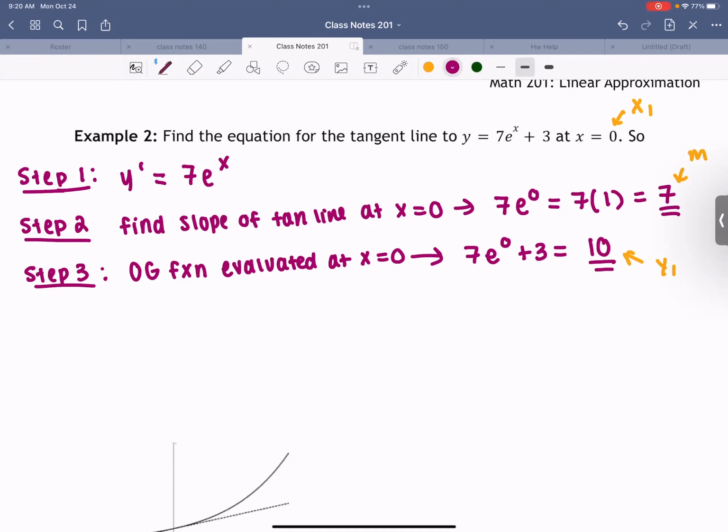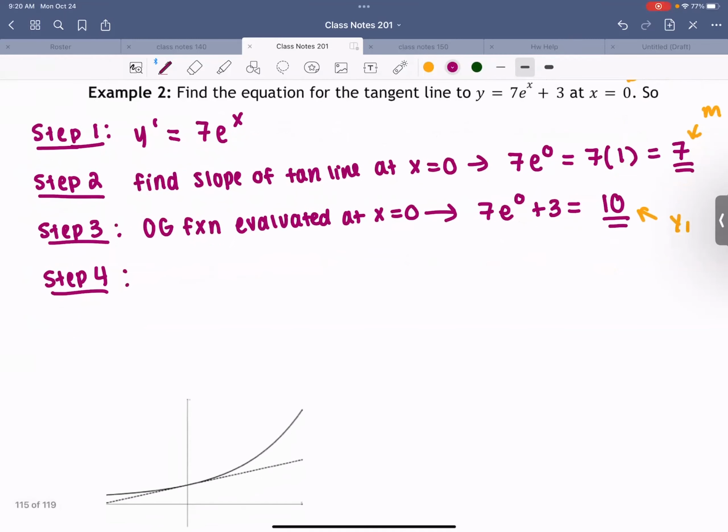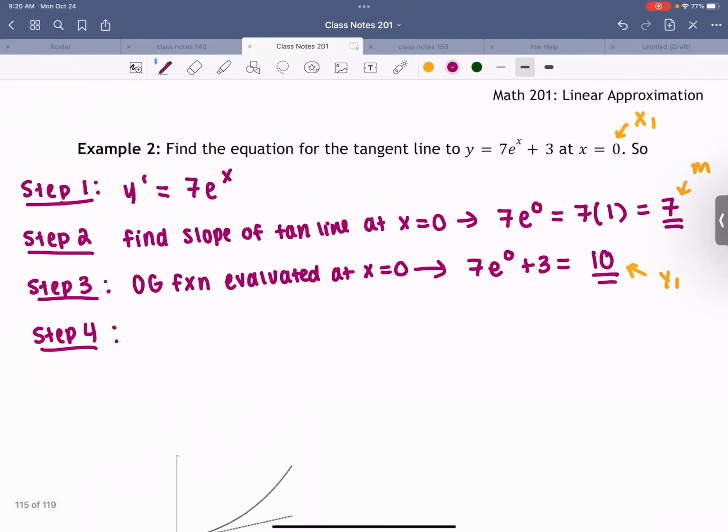Okay, so going on to step number 4. Plugging into point slope, I'm going to get y minus 10 equals 7 times x minus 0. Getting y by itself, this becomes 7 times x minus 0, plus 10. Of course, you can get rid of the 0, but I'm not going to do that yet, just so we have a correct form here.